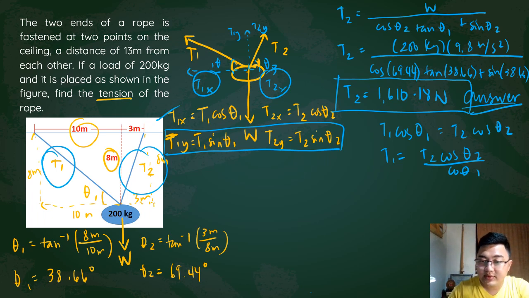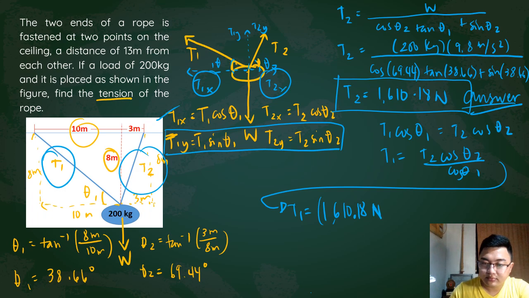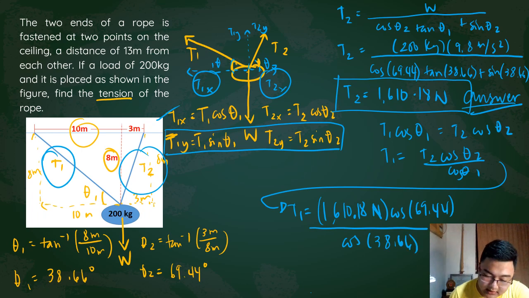So where are we? We have here T1 is equal to T2 cosine theta 2 divided by cosine theta 1. So substituting your values, you have T1 is equal to, T2 is 1610.18 newtons, cosine theta 2 is 69.44 all over cosine 38.66 degrees.